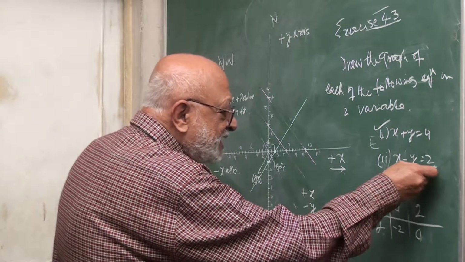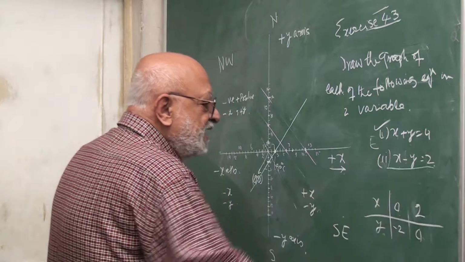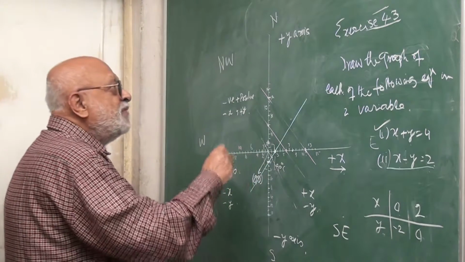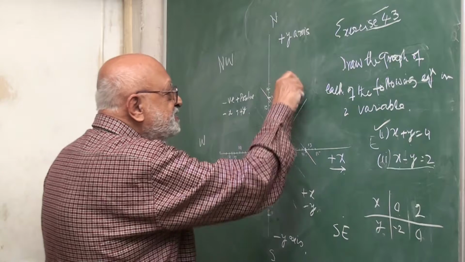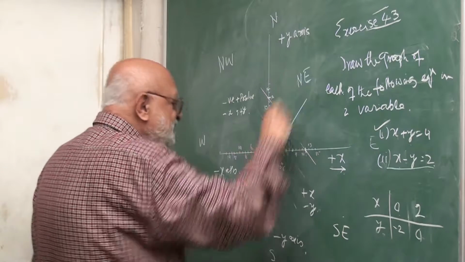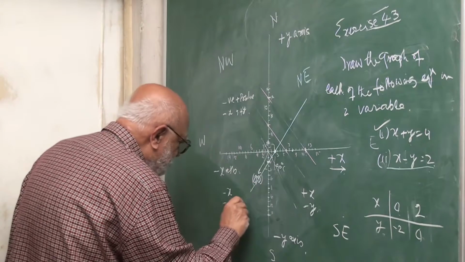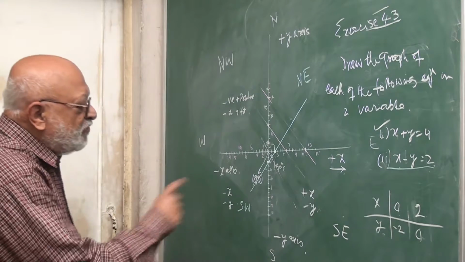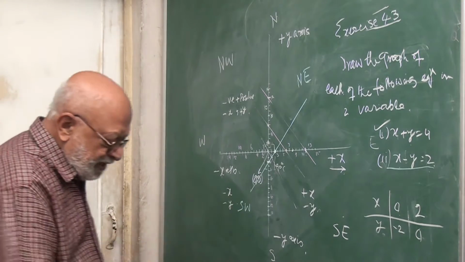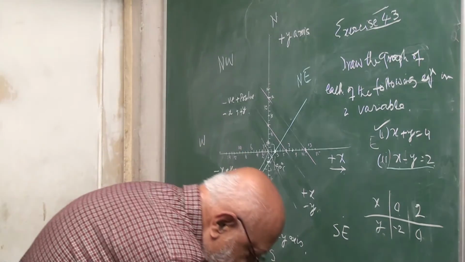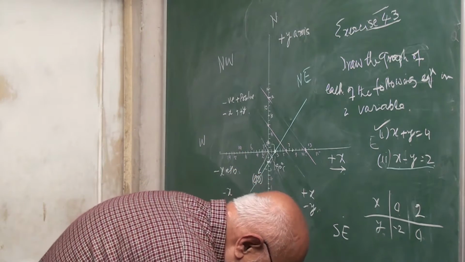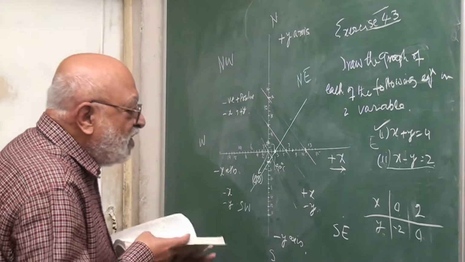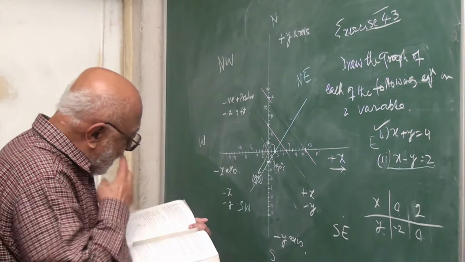Once it becomes minus here, you will see the direction now becomes northeast, and this becomes southwest. Is that okay with you? You should be able to learn this, and looking at this figure and the equation, you will be immediately able to identify how the graph will look.